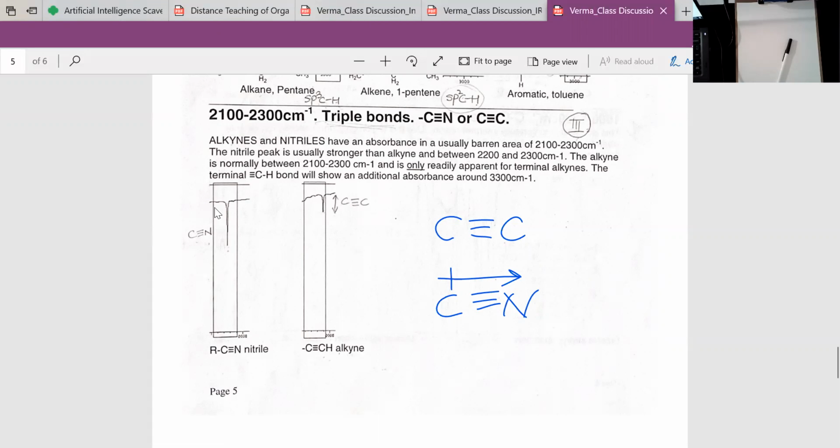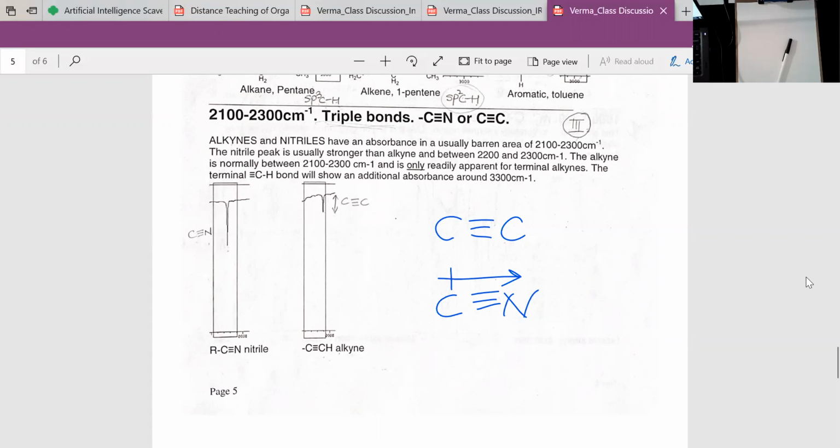That is the reason you will see the strength of this peak, the C triple bonded N strength, to be a little bit more than that of the C triple bonded with another C.